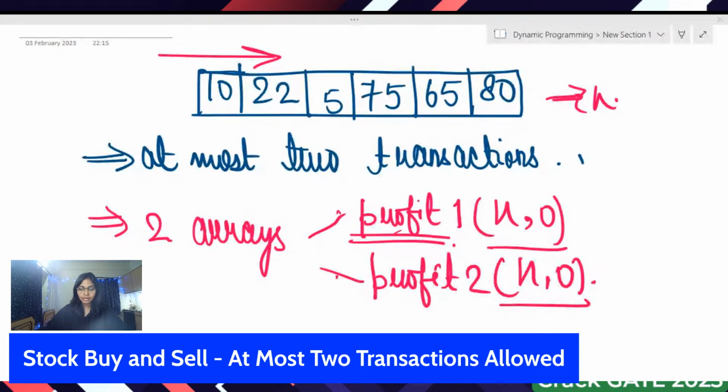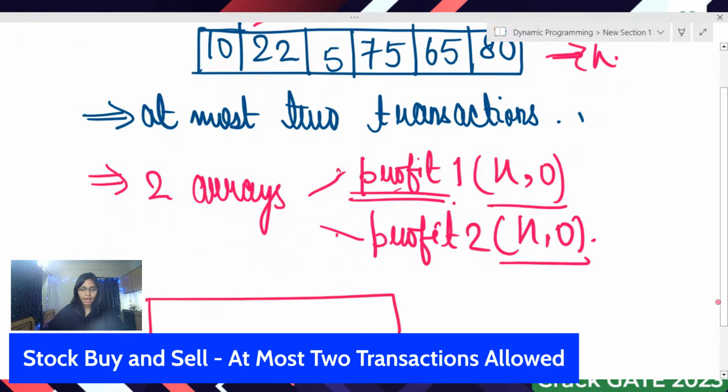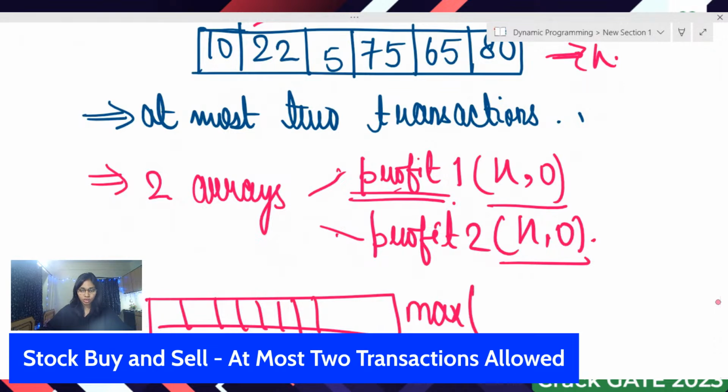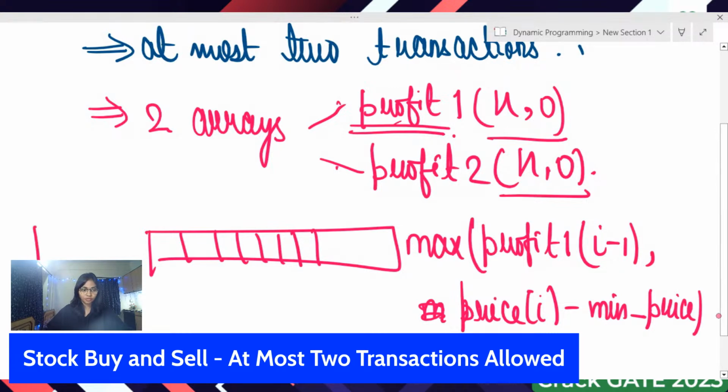First of all, you keep finding the minimum price for the transaction, and then you find the maximum profit that you are getting, and you update this profit table as the maximum of the profit made by the previous transaction or the profit that is being made currently, that is price of i minus min price.